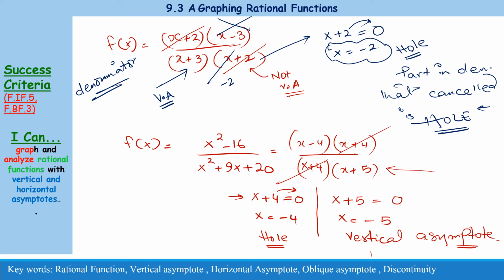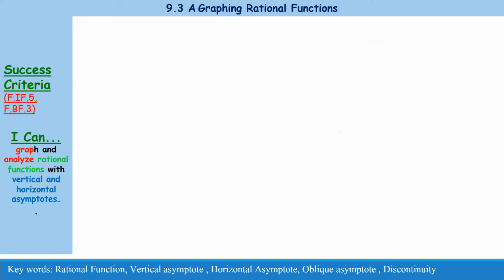Let's solve one more question. So if we have f of x equals to, let's suppose, x square minus 25 divided by x square minus x minus 20, then what do we get in this case?